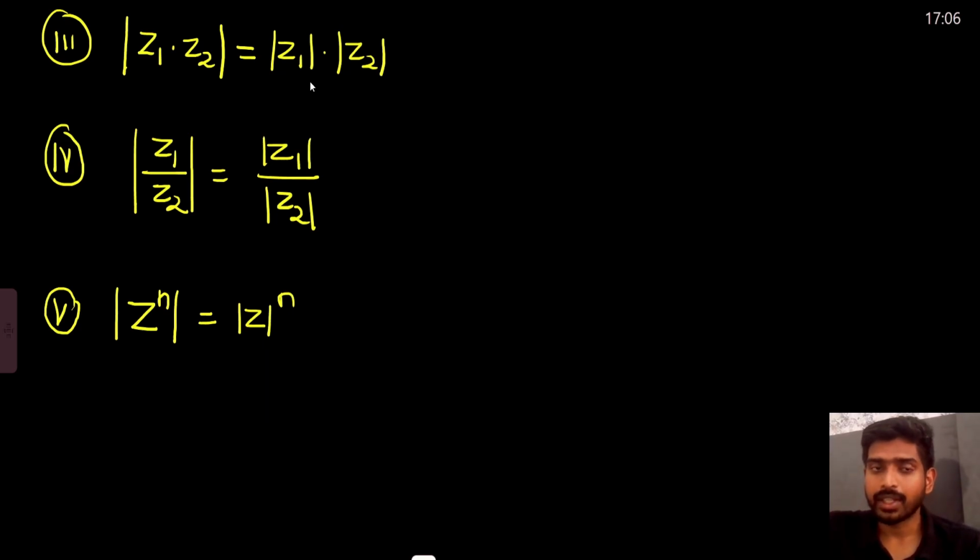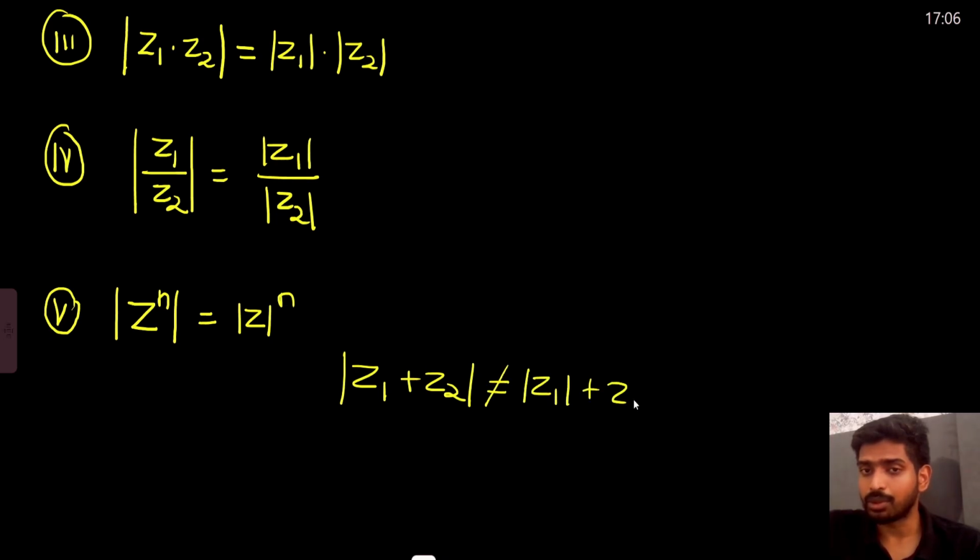Got it? See, in these three properties, we have seen that mod we can distribute over z1 and z2. But in the case of addition and subtraction, if they have written z1 plus z2 mod, this we can't write equal to z1 mod plus z2 mod.